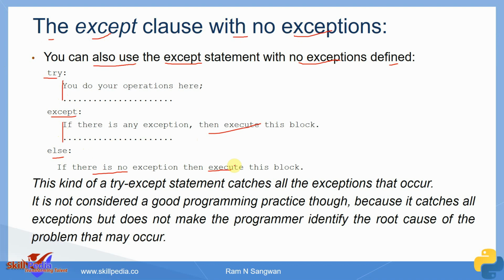You are generalizing all the exceptions. You don't know the names of exceptions, so you are simply putting all the possible exceptions in one single code. You don't have to define the exception, and if you don't know, you simply put this except and else. This kind of try except statement catches all the exceptions that occur.